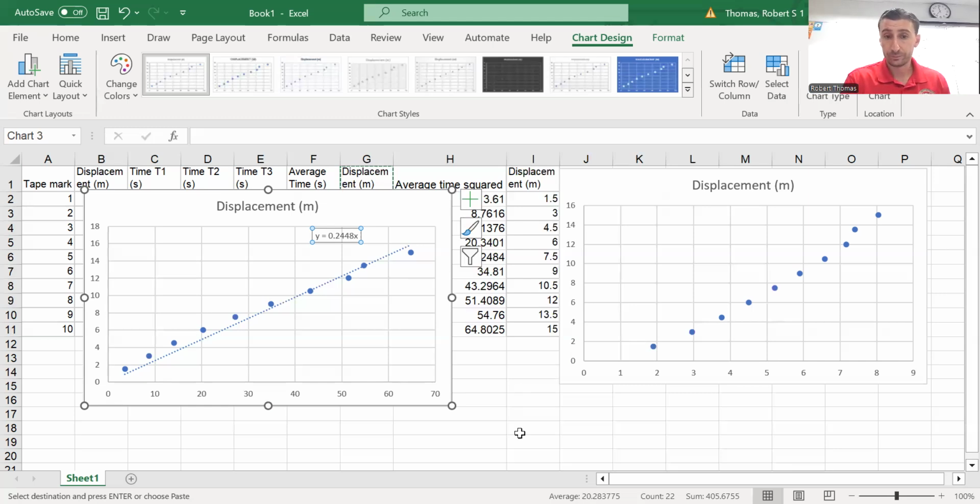Now, let's talk about the lab write-up. Abstract's pretty easy, just basically the purpose of the lab. Introduction and theory. Make sure you talk about everything that you need to complete this lab. So all the constant acceleration equations. What are those variables? You need to describe those variables that are in those equations. You need to know displacement versus time graphs.